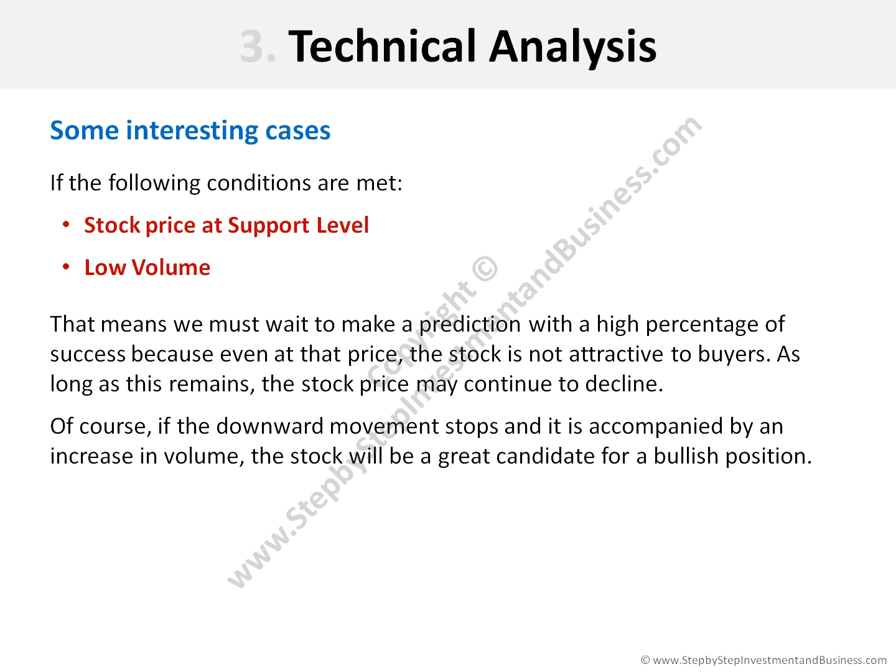Well, that means we must wait to make a prediction with a high percentage of success, because even at that price, the stock is not attractive to buyers. As long as this remains, the stock price may continue to decline. Of course, if the downward movement stops and it is accompanied by an increase in volume, the stock will be a great candidate for a bullish position.